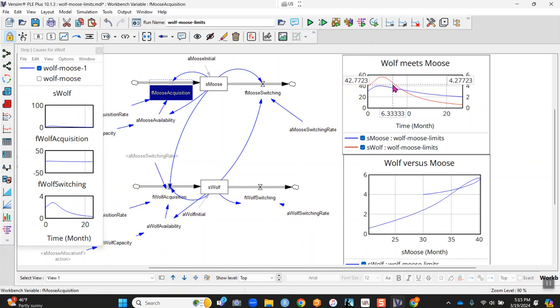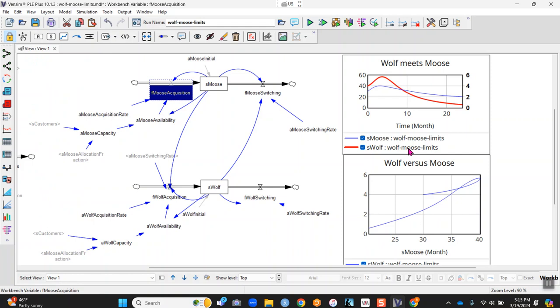Right around here. Right around here is where things are changing. So it's going up, and now it's going to slide down ever more quickly, and that will be what we will call the tipping point for this model, and that occurs at about month 5 or 6. Okay, good.